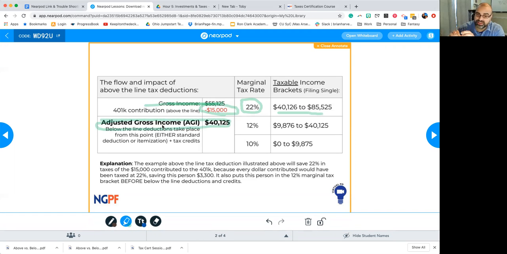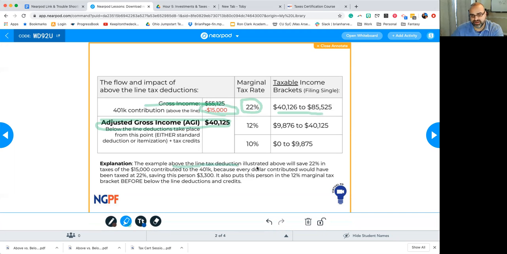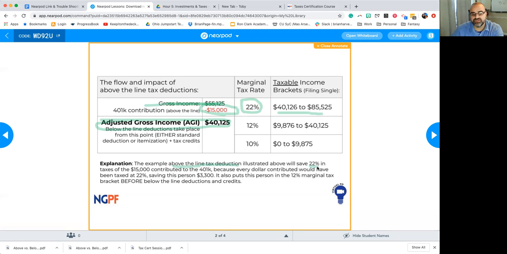It's at that point where the person can determine whether or not they're going to itemize or take the standard deduction. As you can see here, the example above the line tax deduction illustrated above will save 22% in taxes of the $15,000 contributed to the 401k, because every dollar contributed would have been taxed at 22%, saving this person $3,300.